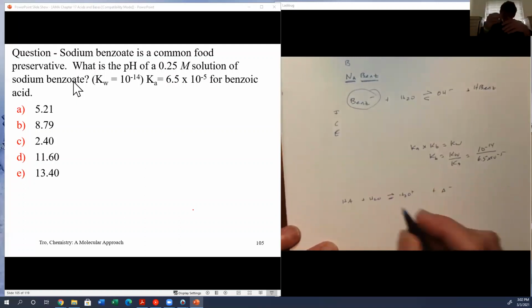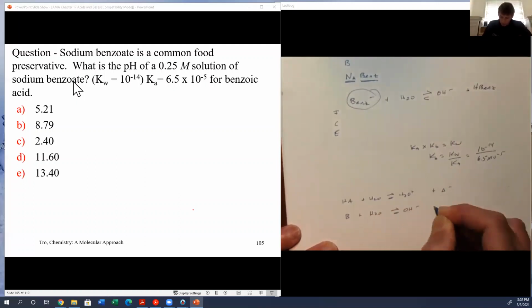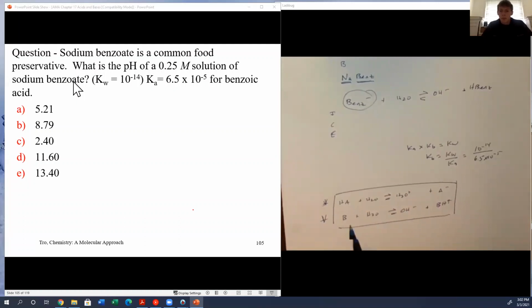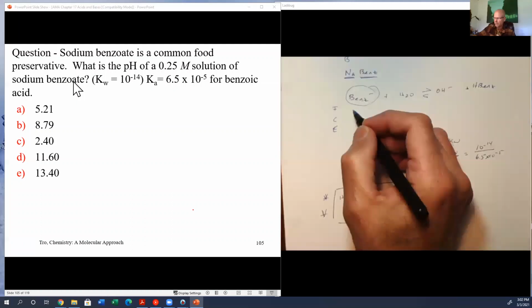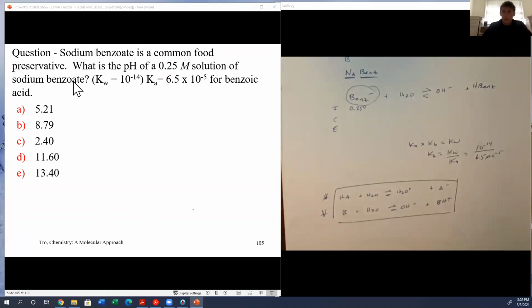All weak bases are going to be B plus H2O in equilibrium with OH minus plus BH plus. So these are the two equations. You don't really even need to know what A minus is or what B is. They act the same way every single time. So we really just work off the moles that the solution is given, and then we can get everything else. The concentration that's given would be the one that goes here, right? Yeah. Gotcha, thank you.